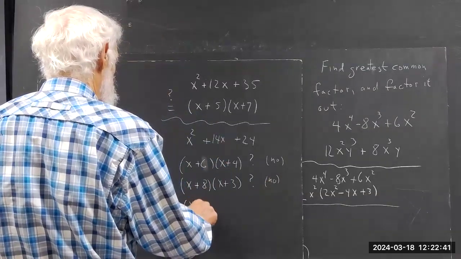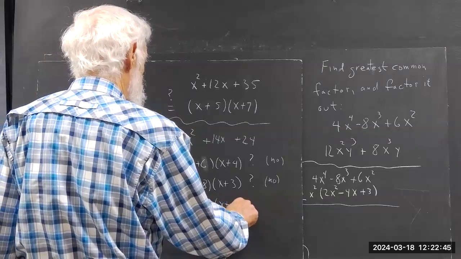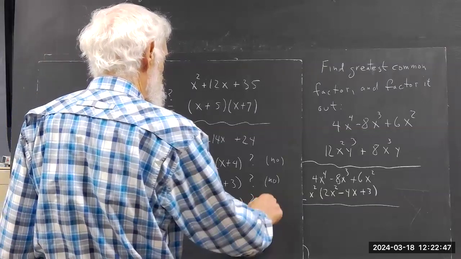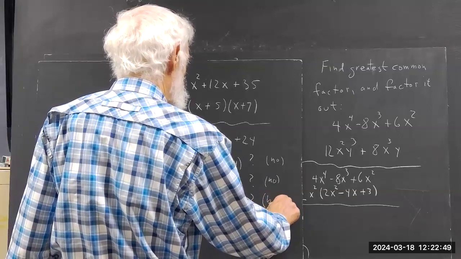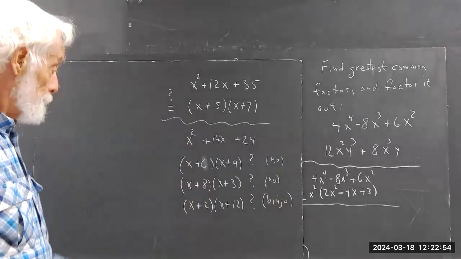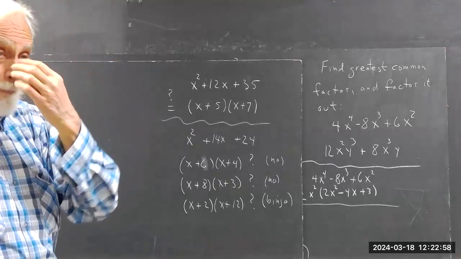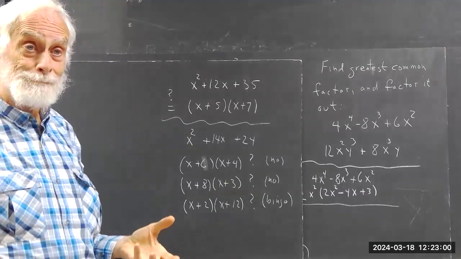Another thing I could multiply, how about x plus 2 times x plus 12? Bingo. This one works. When I multiply this out, I do get a 14x. Now, does that halfway make sense?